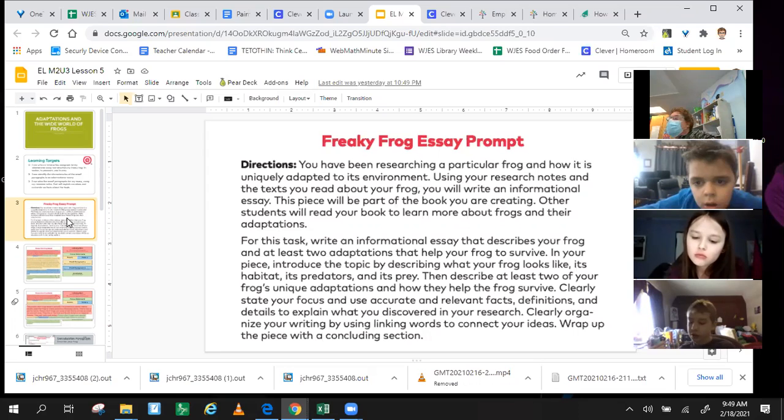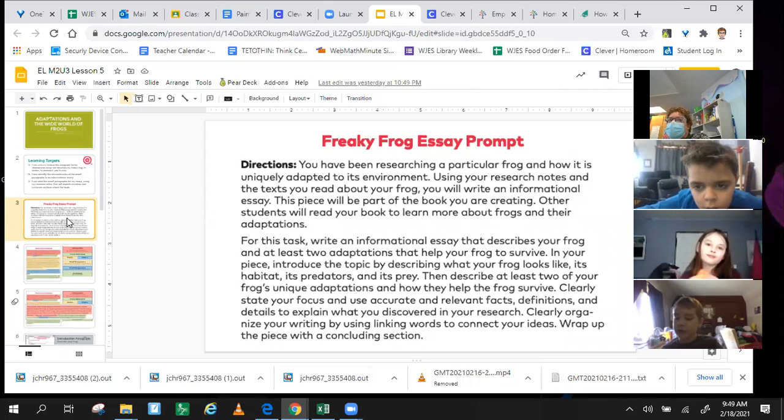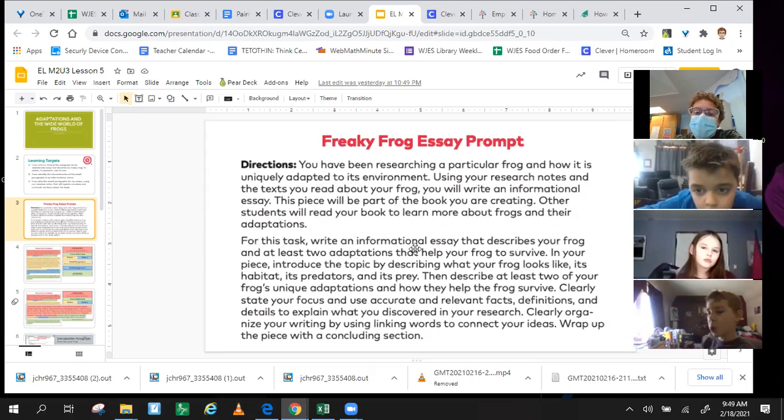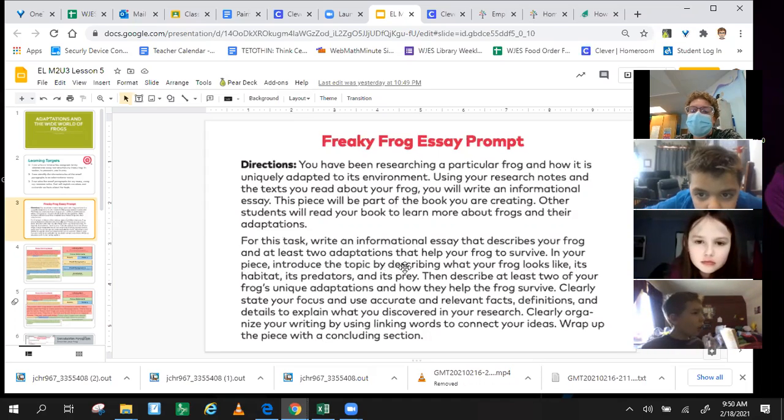In our prompt in our book, I'm not going to have you worry about opening your workbook to it. But I want you really quickly to look at it. It says, introduce the topic by describing what your frog looks like, its habitat, its predators, and its prey. That's not really the focus of your essay, is it?